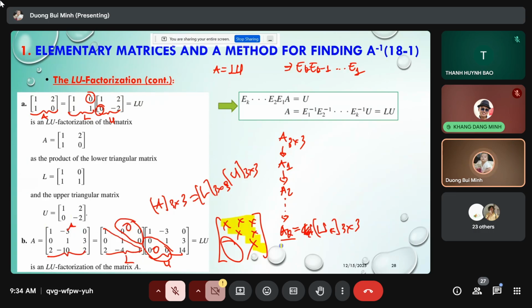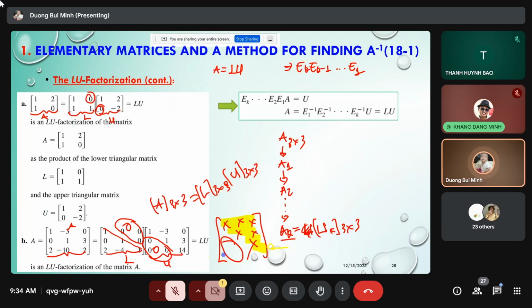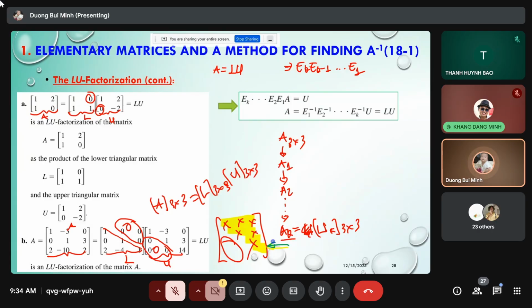If we apply Gaussian elimination, you can get U after some steps.